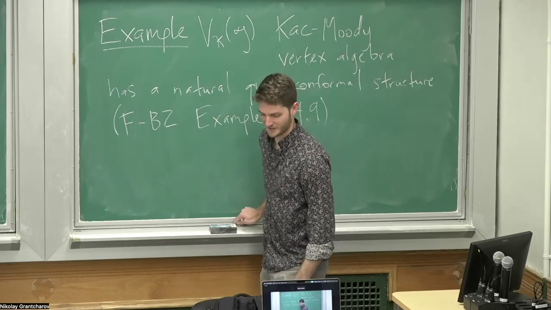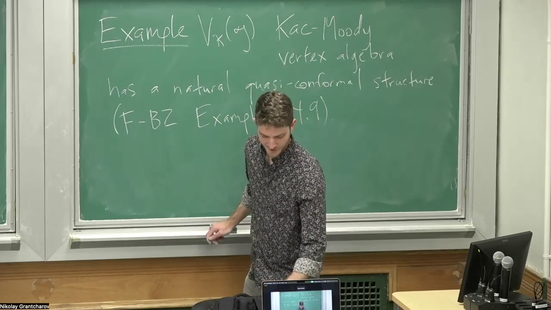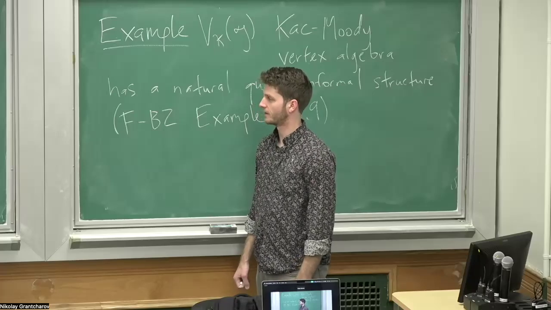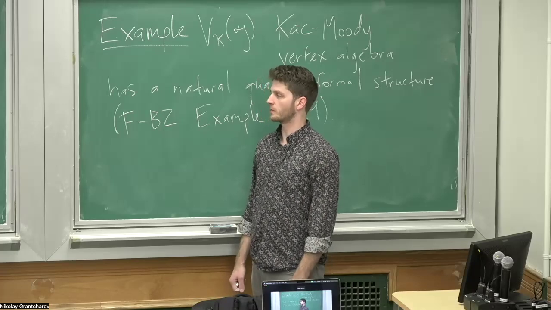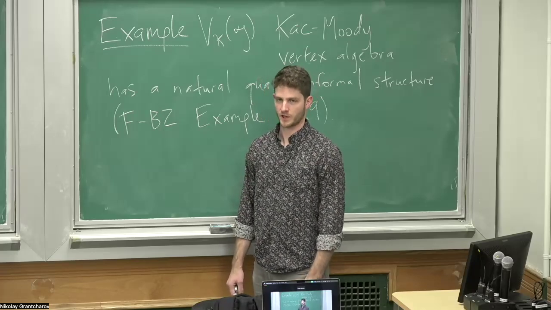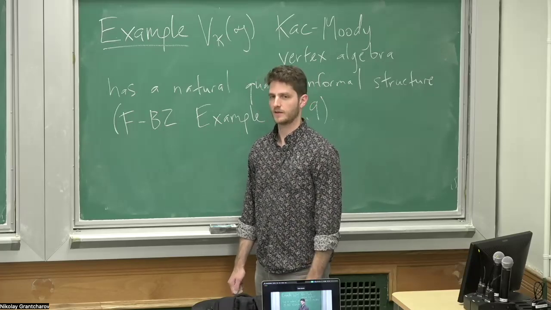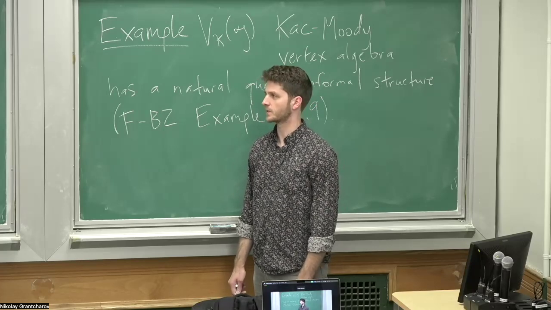Isn't there a proof of the conformal structure by normalizing the Sugawara element or something? Yeah, the conformal structure comes from the Sugawara construction. If you normalize it, you can make it non-zero also, or make it work a little bit. I see. Okay, that sounds plausible.